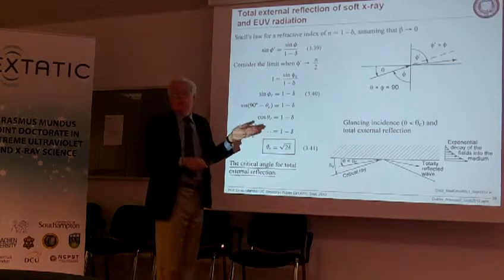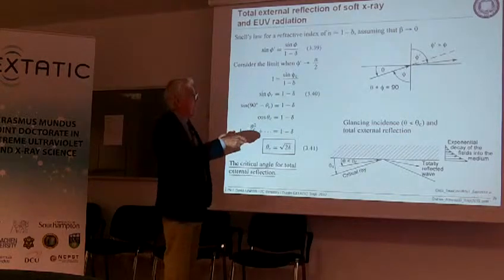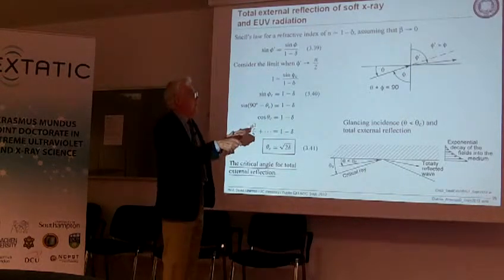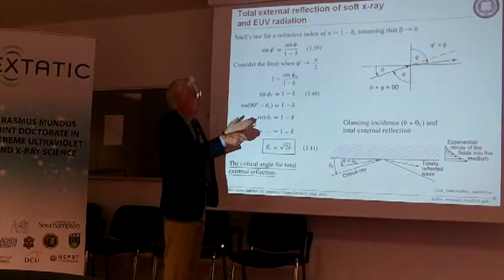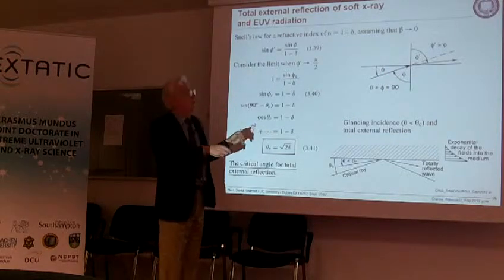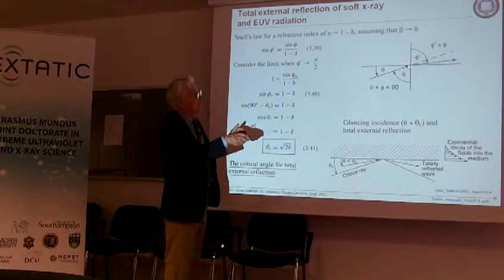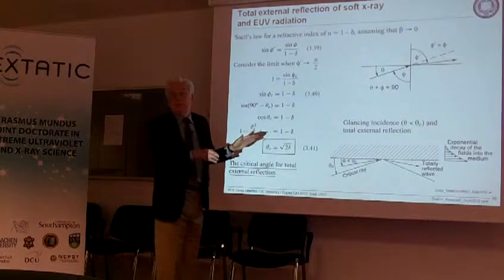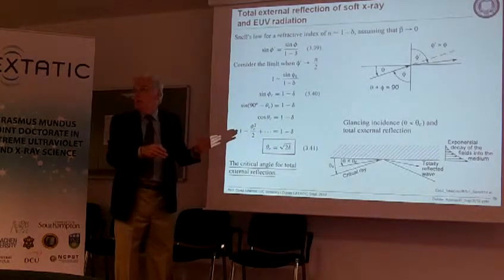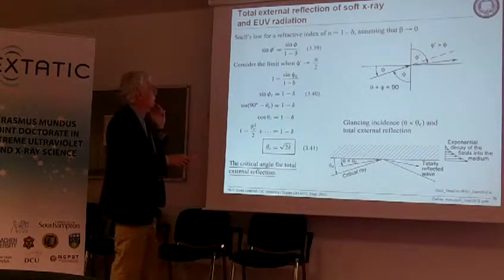That's the best you can do with the refracted angle, right? The reflected angle is always going to be here, and it's always going to be equal to the incident angle, right? But the refraction, you can push it to the limit of just running along the interface, and that's about what you can do. I'll explain a little bit more about that in a moment.